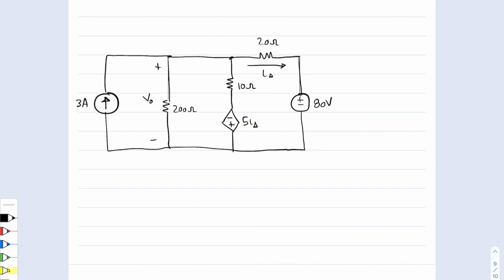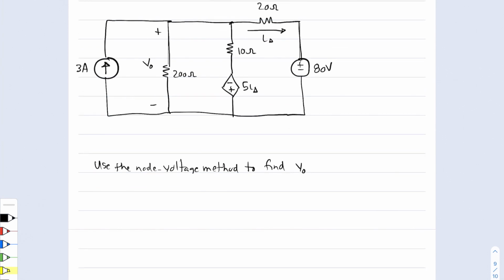So here we want to use the node voltage method to find the unknown voltage V0. And we're going to start where we did last time. The first thing that we need to do is identify the nodes and then select the ground node.